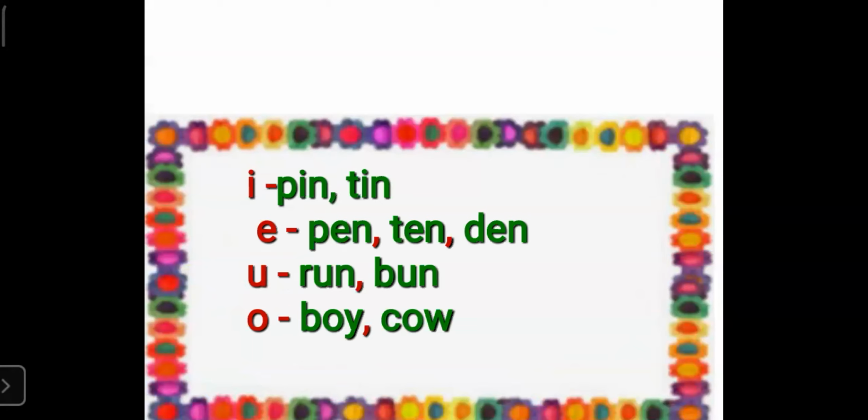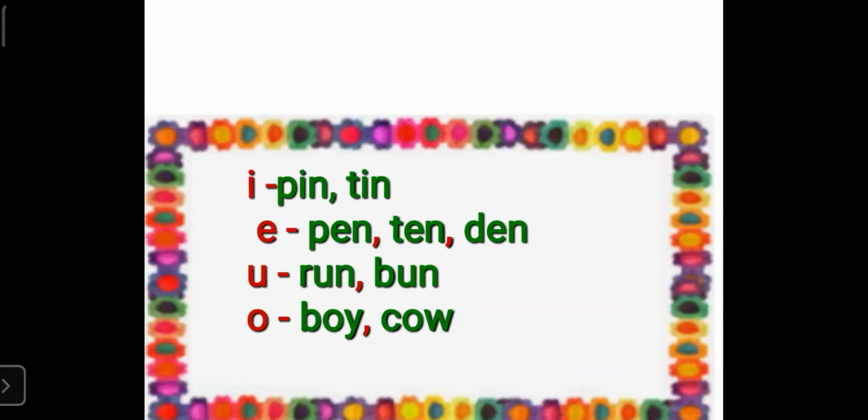By adding E vowel, the words formed are P-E-N, pen, T-E-N, ten, D-E-N, den.